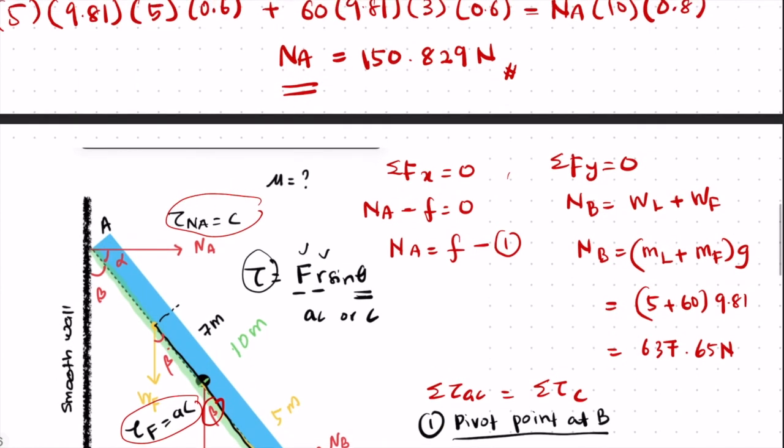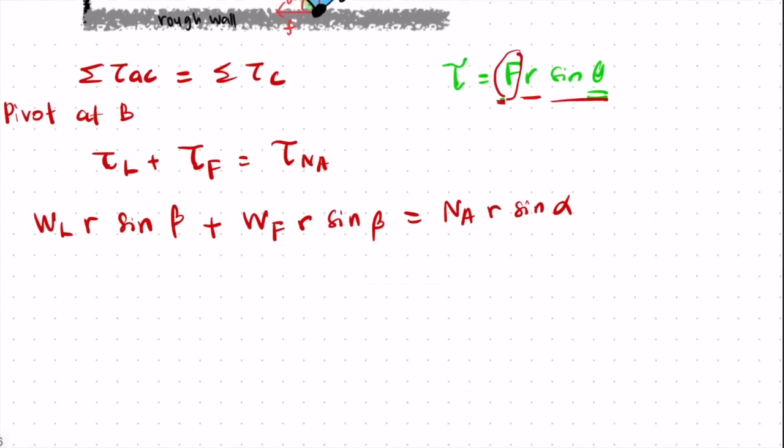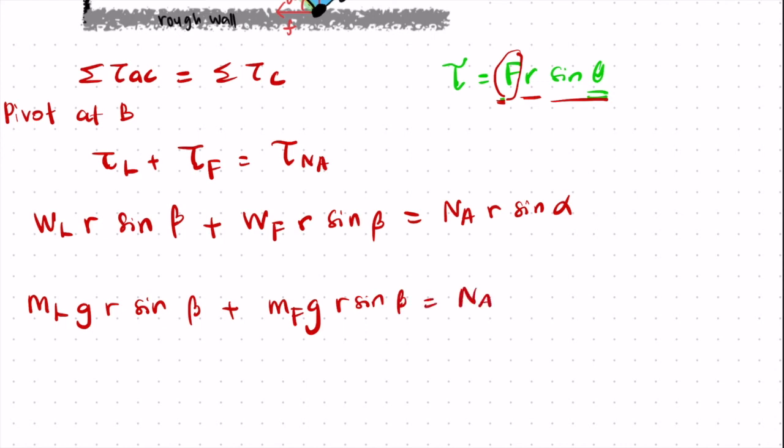Okay, this one is alpha. Okay, WL is MLG R sin beta plus MFG R sin beta equal to NA R sin alpha.